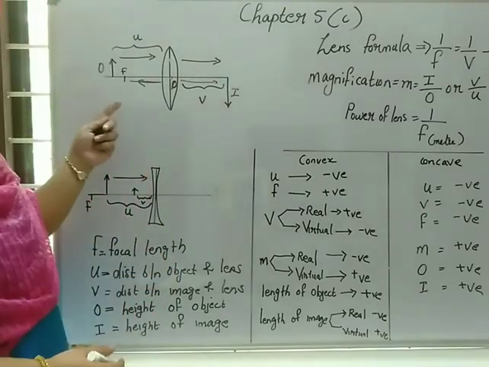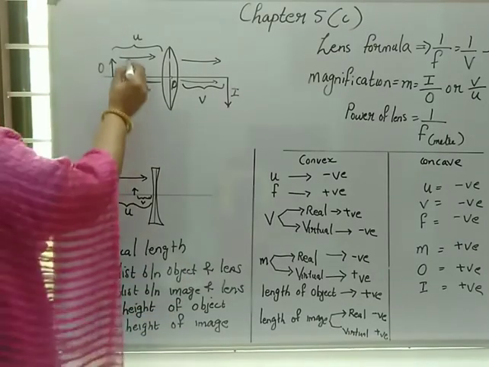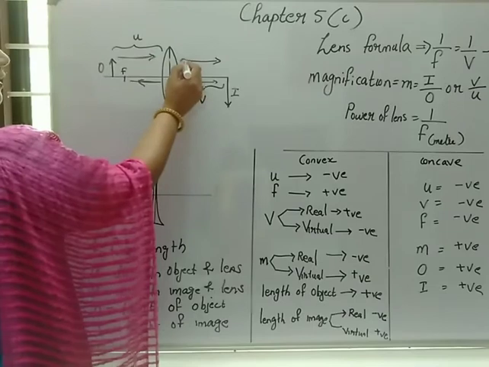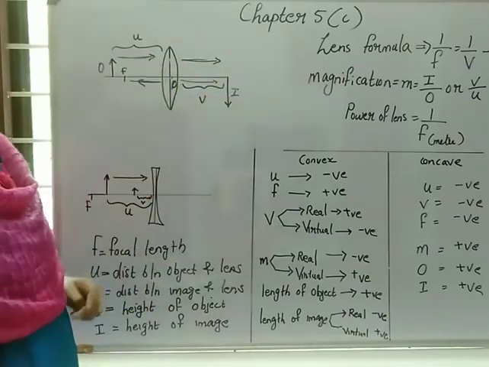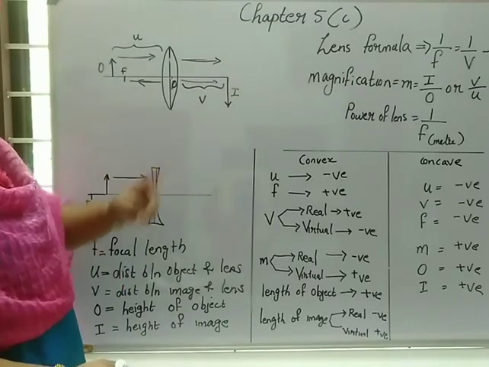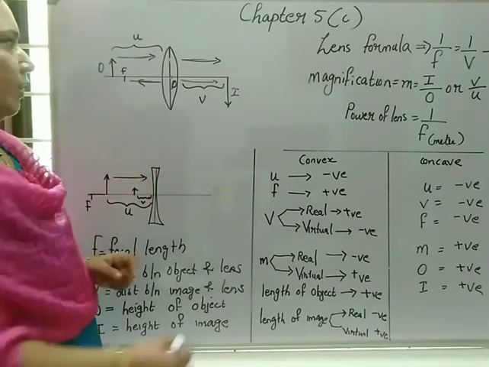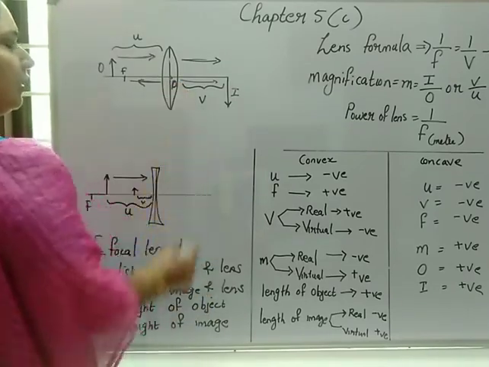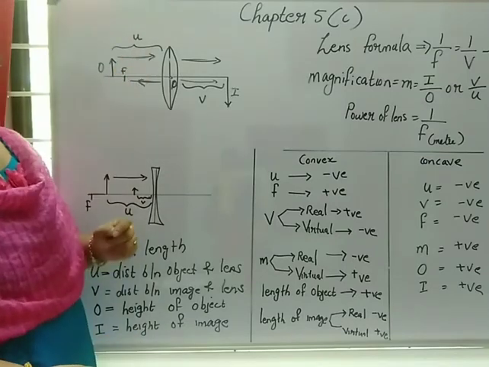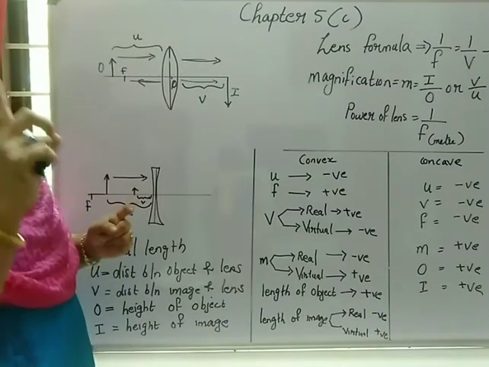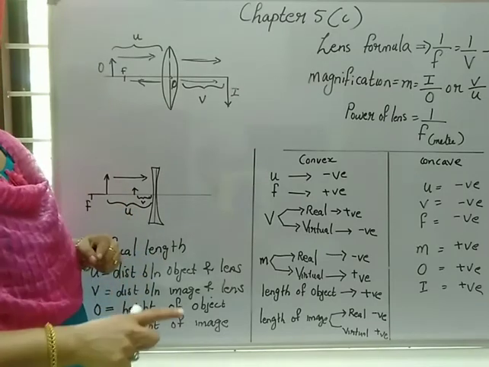All the measurements in the direction of incident ray. So how will you draw the incident ray? This is the direction of incident ray. From the object, the light will travel in a straight line. So measurements in the direction of incident ray are taken positive. That means if I want to measure the distance between lens and the object, that is U, I already told in the first rule, all the measurements are taken from the optical center.